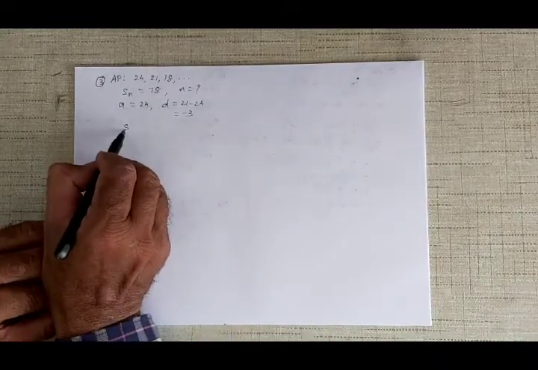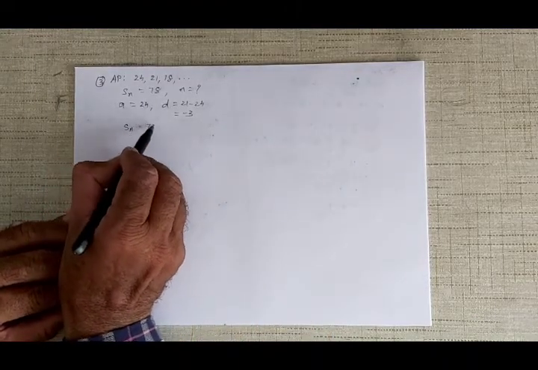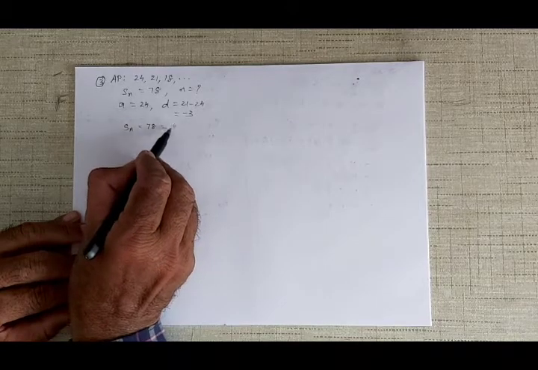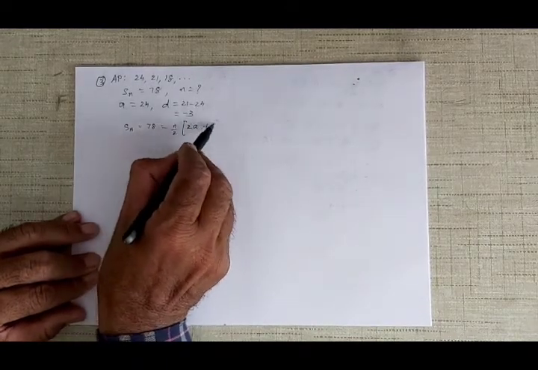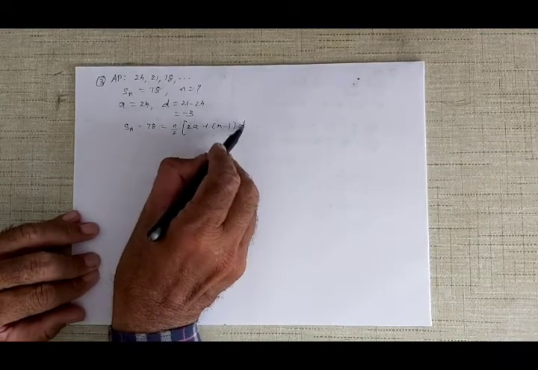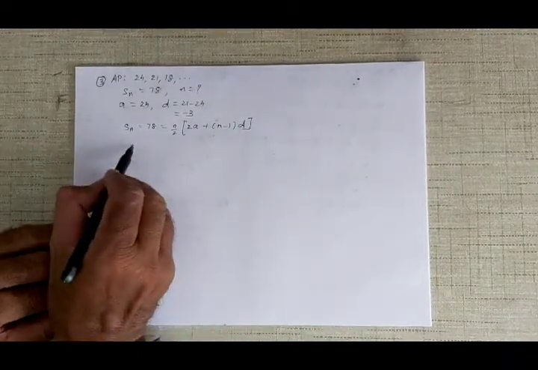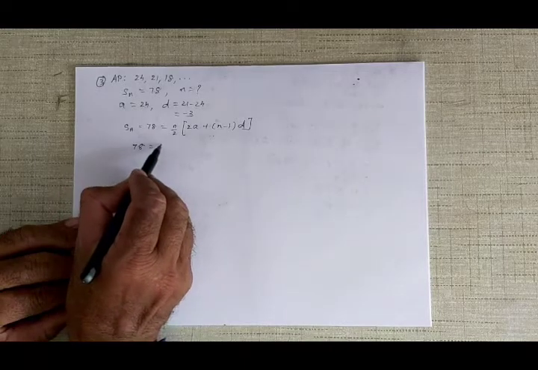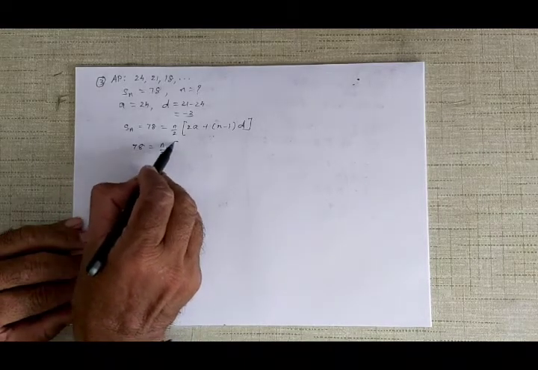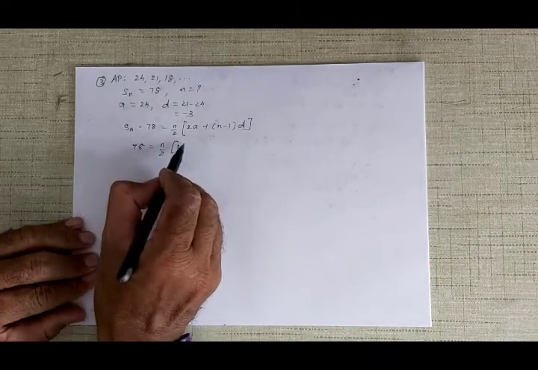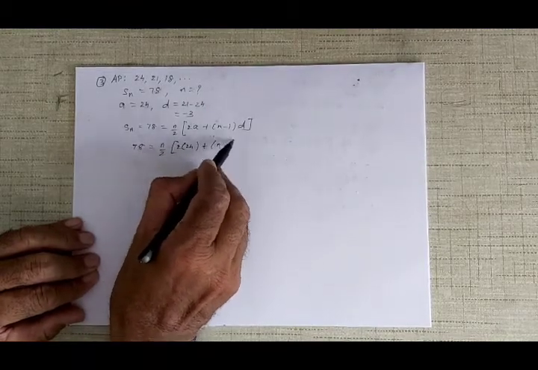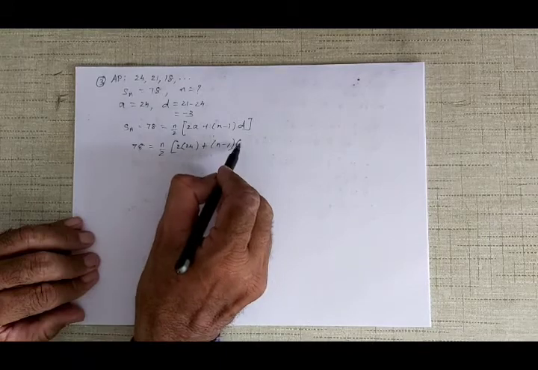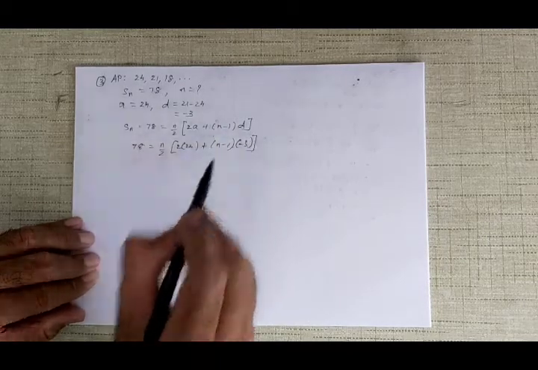So now you see S of n is equal to 78 is equal to n by 2 into bracket 2a plus n minus 1 into d. Now S of n is given as 78, and n we do not know, we have to find it. 2 into a, the first term, is 24, n minus 1, n is not known, and d, the common difference, is minus 3.